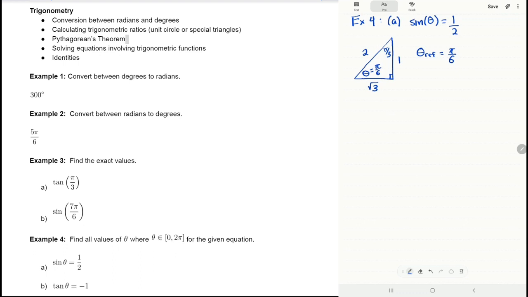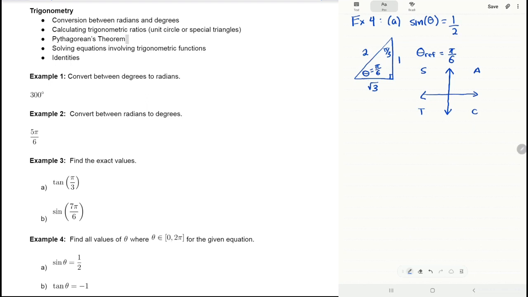So now that we have our reference angle, let's use the cast rule to determine the angles between 0 and 2 pi, which gives us a sine of the angle equal to +1/2. So cast rule tells us where each of the trig ratios are going to be positive. We want the sine of theta to be positive, so we're either in quadrant 1 or quadrant 2 using the cast rule.